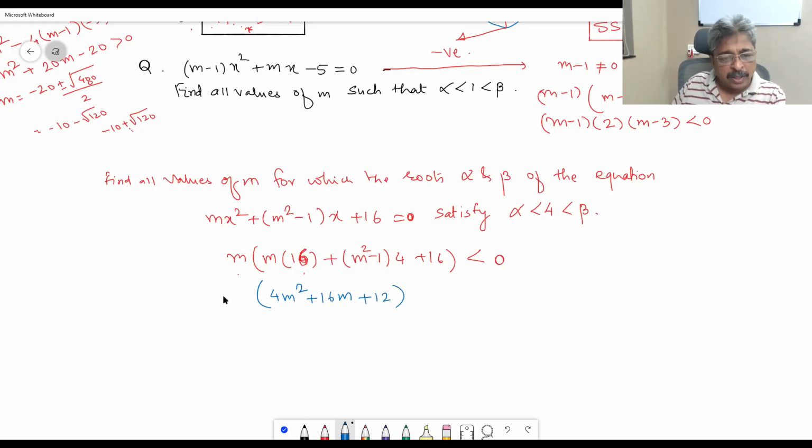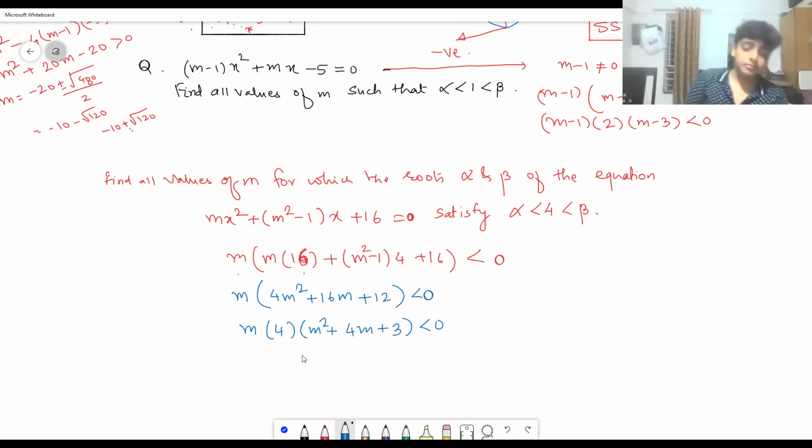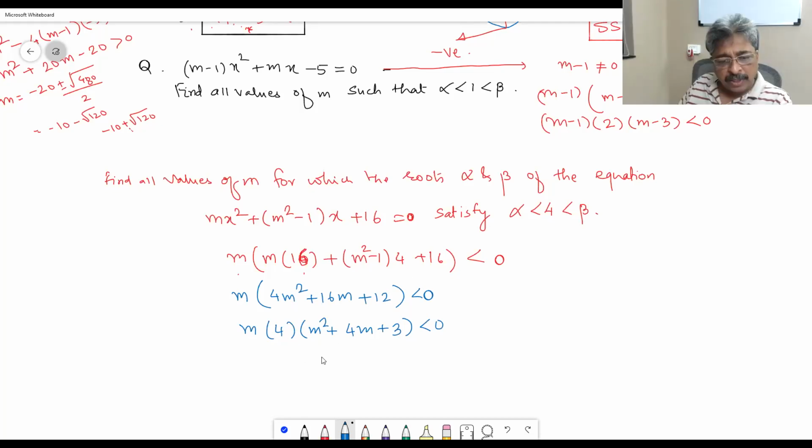So I can take out m common, 4m square plus 4m plus 3. Is that correct? Yes, sir. Condition: so what are the factors of this? m times (m plus 3) times (m plus 1) should be less than 0.